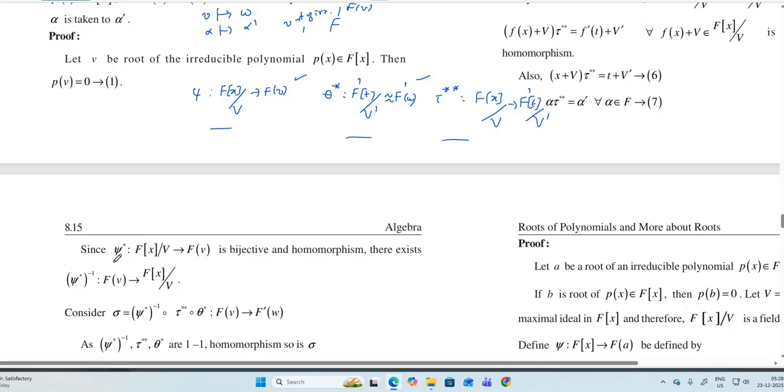Now because psi star is a bijective mapping which is also a homomorphism, we have its inverse, psi star inverse, from f of v to fx mod v, also bijective and a homomorphism.